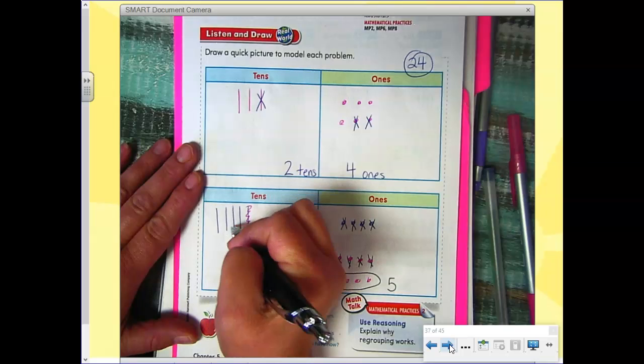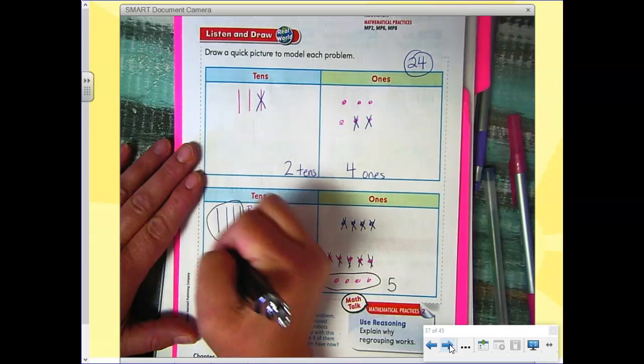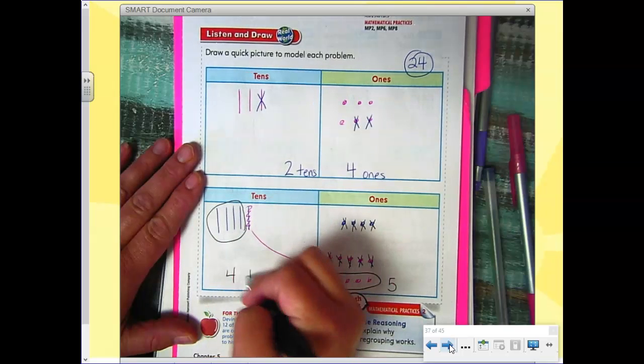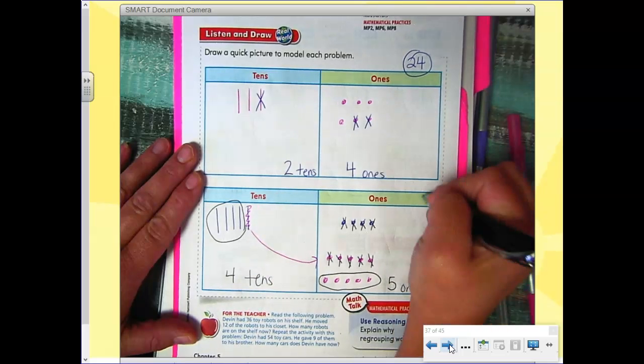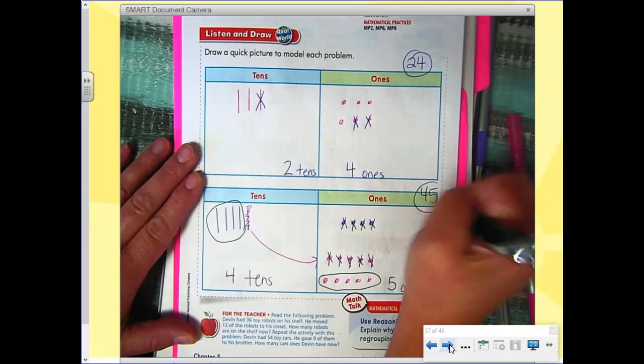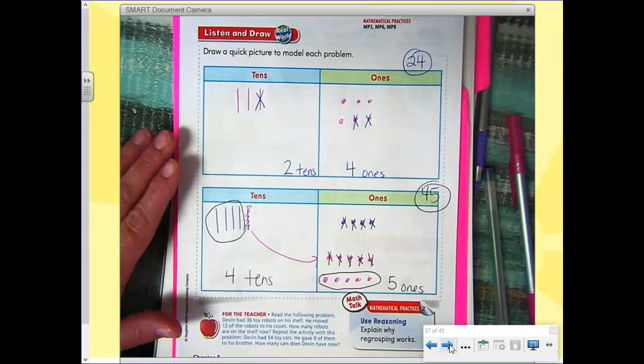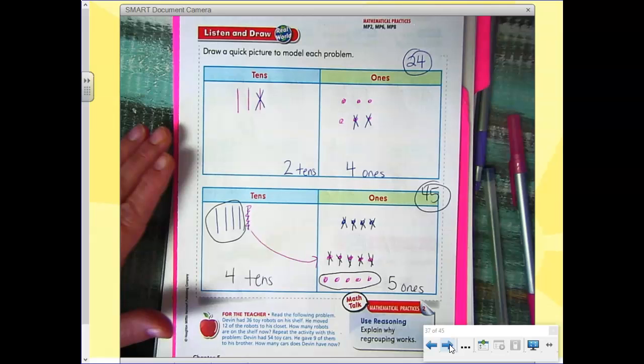And 1, 2, 3, 4 tens. So 4 tens, 5 ones, 45 toy cars left. All right, thumbs up if you got that answer.